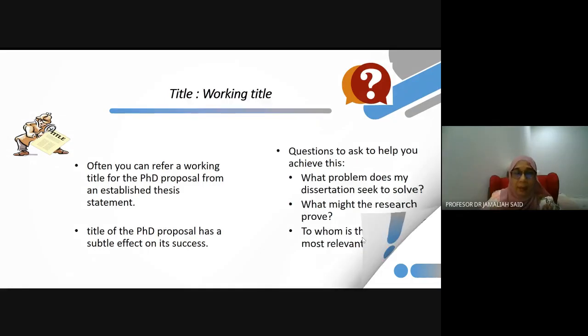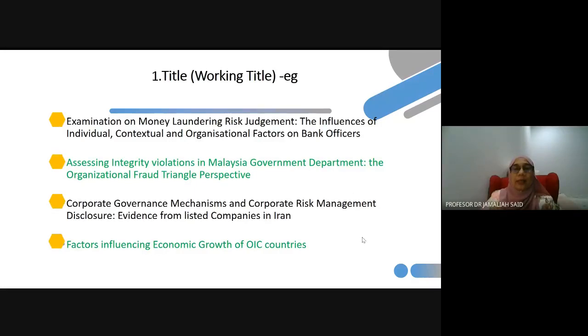So this is the example of a title that you need to have. First, cause, effect, sample. Look at the first example of a title: examination on money laundering risk judgment, the influences of individual, contextual, and organizational factors on bank officers. I think I just got this title from one of the students doing a PhD. So I can copy and paste. Maybe there are changes, I'm not sure, but this is the working title.